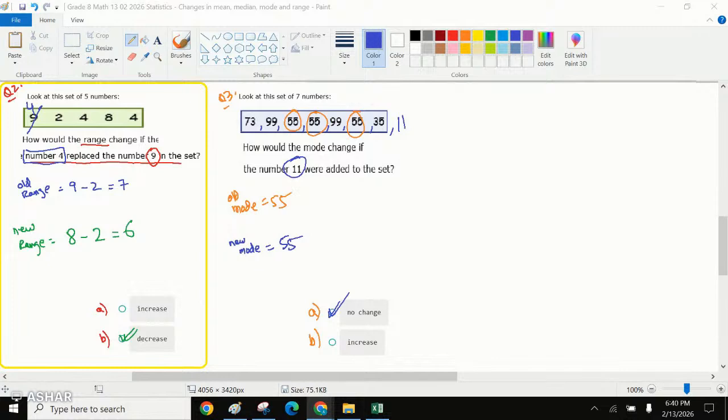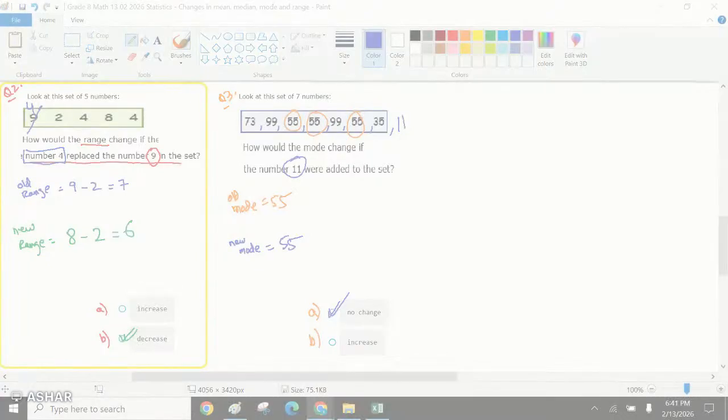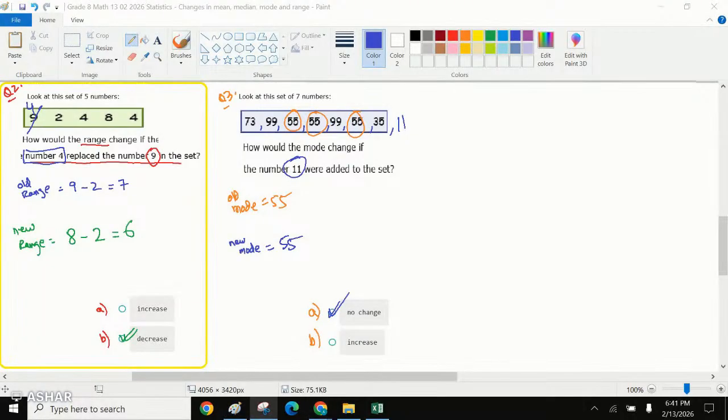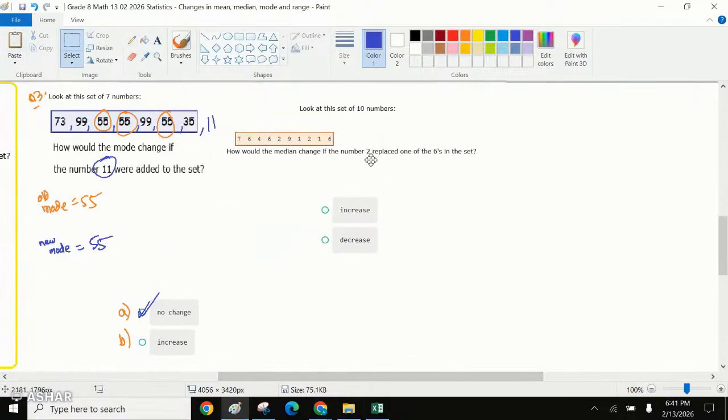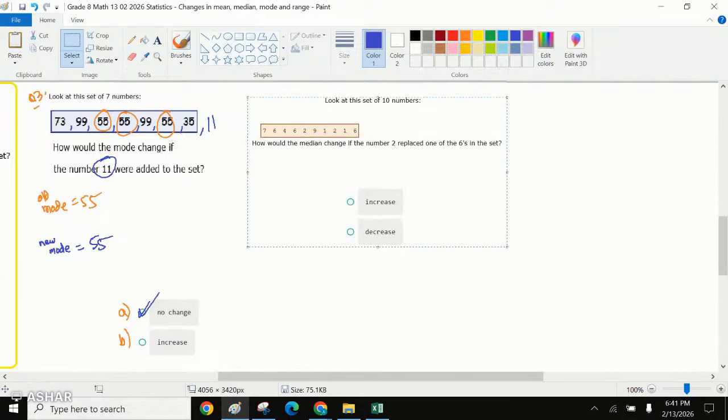Let's have a look at the next question. For the next question, there are 10 numbers given to us and they want to ask us if the median will change. Okay, question number 4. This is the statement for question number 4, and they are asking us if the median will change.